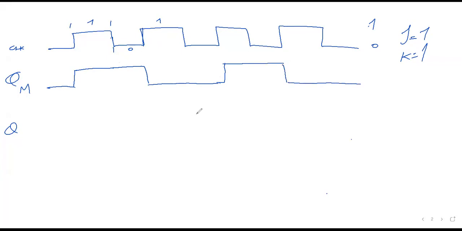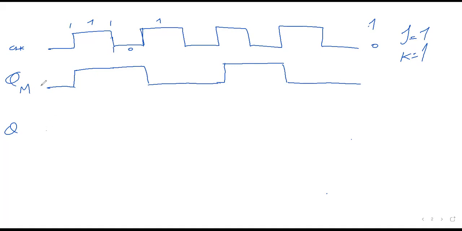This is my QM. What happens to the overall Q, the output? Let's say I started at 0 here.